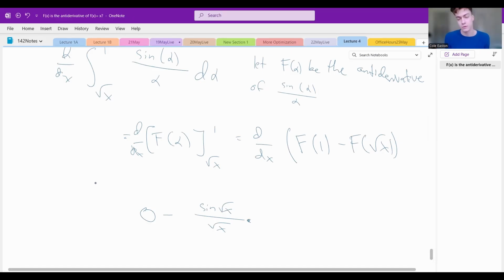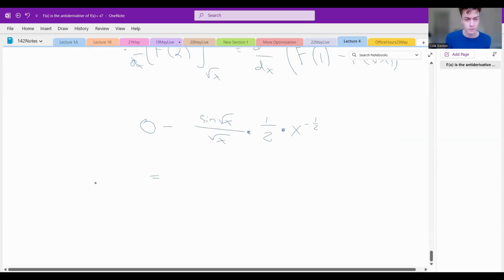And so that inside derivative is the derivative of root x, which we should think of as x to the 1/2. So when I take the derivative, I pull the 1/2 out in front, and then I multiply by x, and then I'm going to reduce the power by 1. So 1/2 minus 1 is a negative 1/2, and I could think about that as being a root x in the denominator.